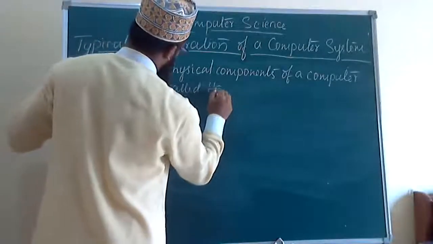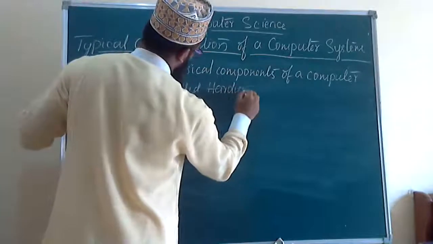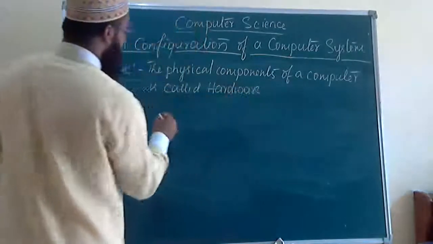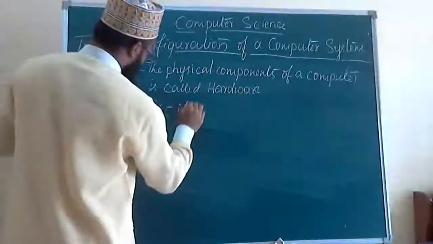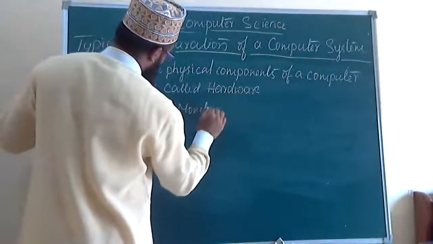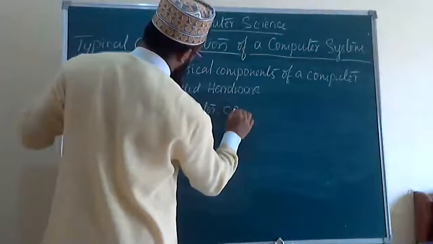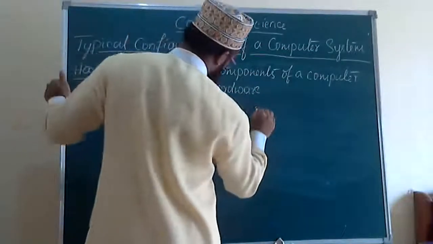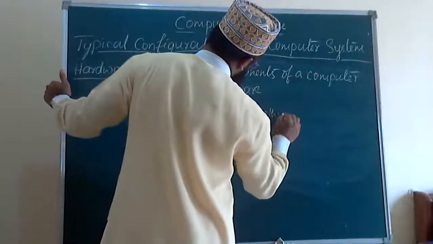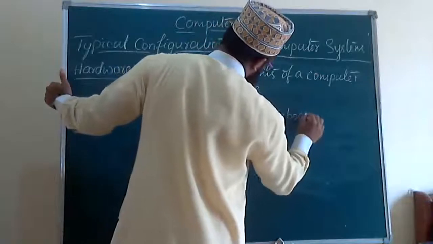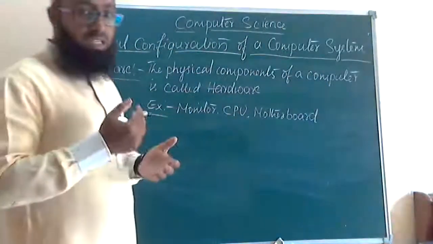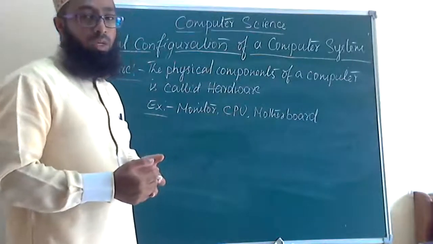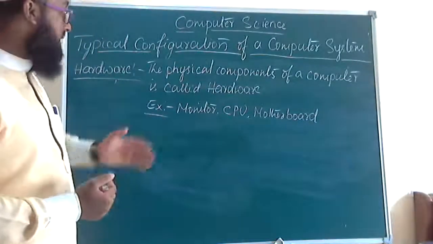You may give some examples for this. Examples, as you know, are the monitor, CPU, motherboard, and you may give many examples just like keyboard and mouse. All these things you can give as examples for hardware.